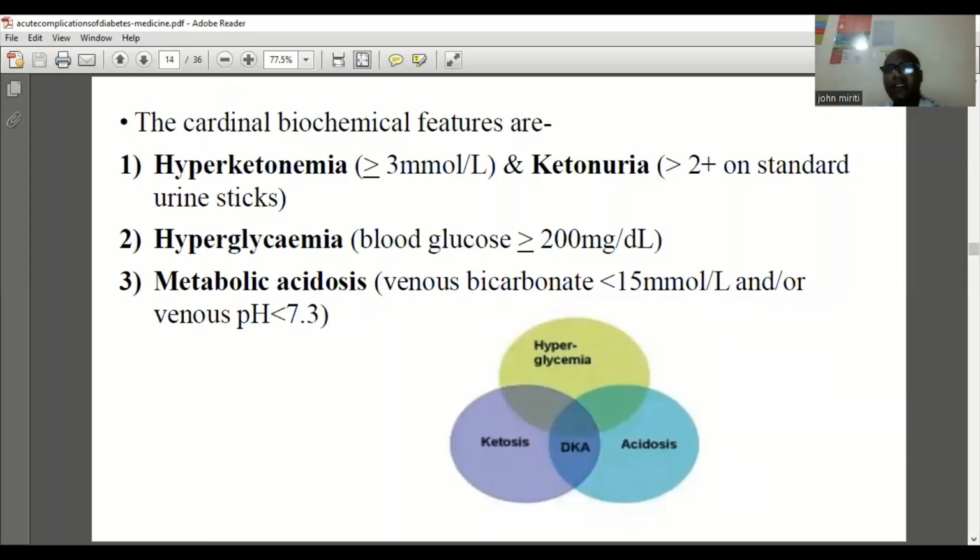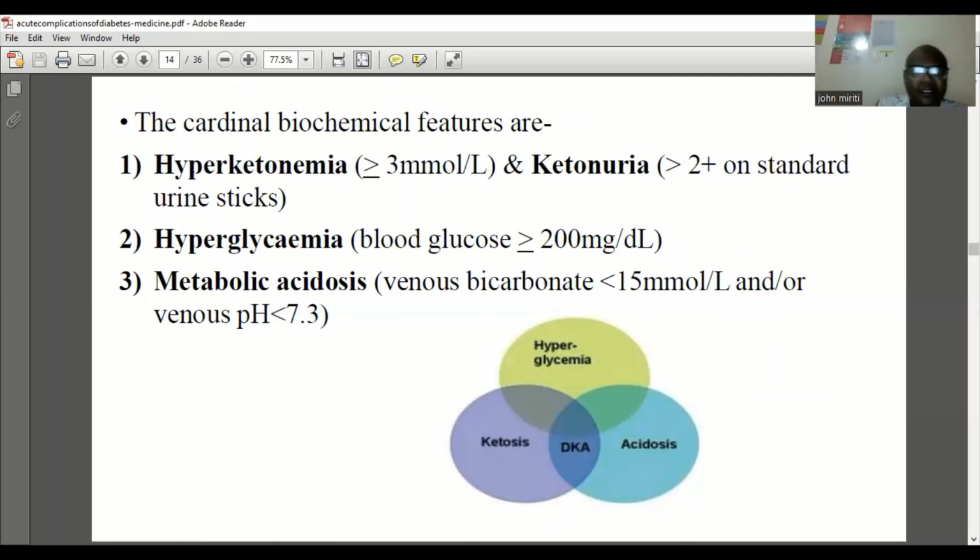So what are the cardinal biochemical features of DKA? In DKA, the patient has hyperketonemia, which is more than or equal to 3 millimoles per liter, plus ketonuria, more than 2 positive on standard urine sticks. This patient will also have hyperglycemia, that is blood glucose more than 200 milligrams per deciliter, and metabolic acidosis with venous bicarbonate less than 15 millimoles per liter and a pH below 7.3.